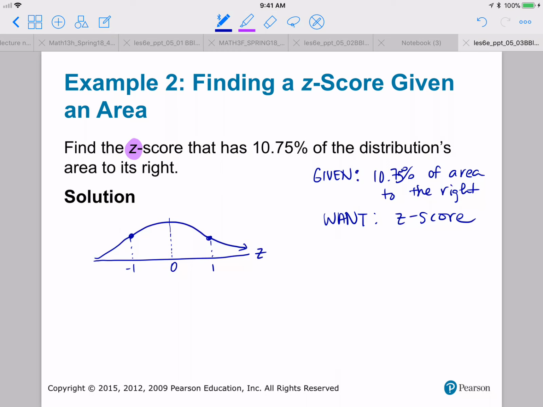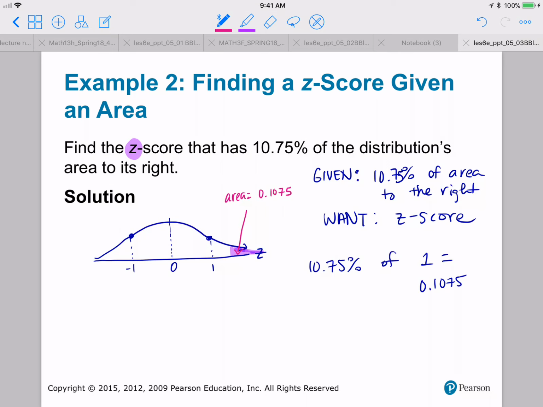Now, 10.75% of the area is to the right. What is the entire area underneath the normal curve? The entire area is 1. So 10.75% of 1 is just going to be 0.1075. So I'm just going to shade this a little bit here, and essentially that area equals 0.1075.